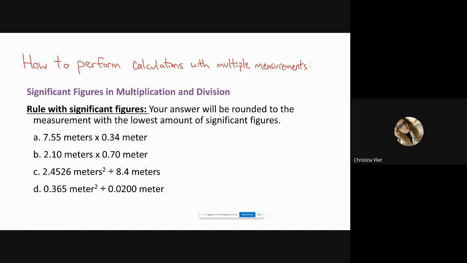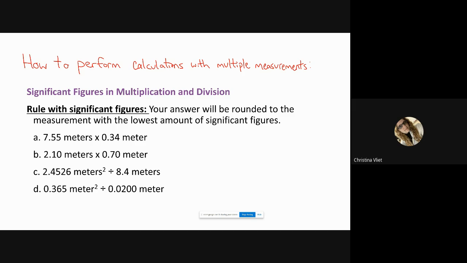When you are performing operations, and what I mean by operations is addition, subtraction, multiplication, and division, and you'll have multiple measurements, you have to consider the amount of significant figures of each measurement. So go ahead and write down the rule. I'm going to bring up a guiding principle, and then we'll go over how to analyze. Significant figures in multiplication and division.